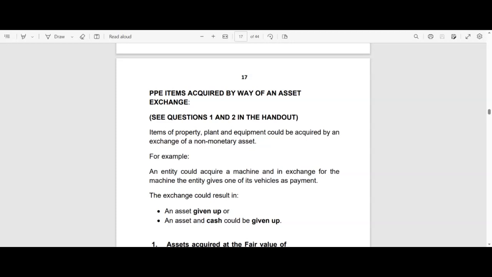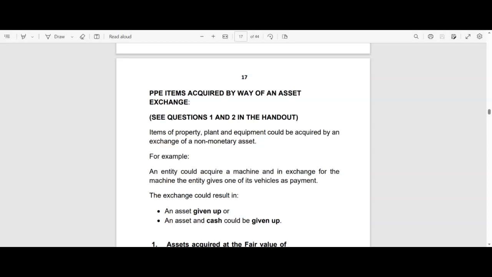Then there's a second exception, ladies and gentlemen. I'm going to use the words that they use in IAS 16 first, and then we will discuss what it means, because it sounds quite complicated, but it isn't really. They say if the fair value of the new asset is more clearly evident.